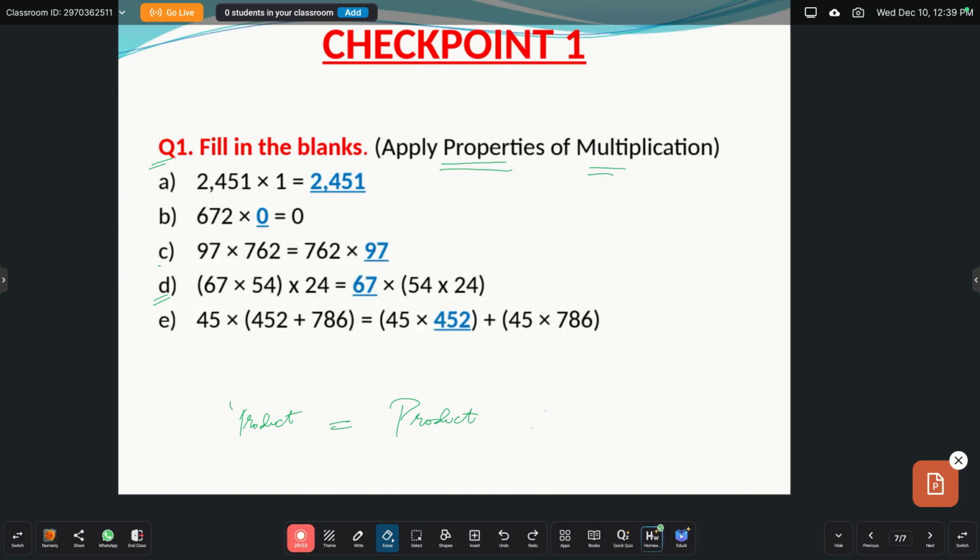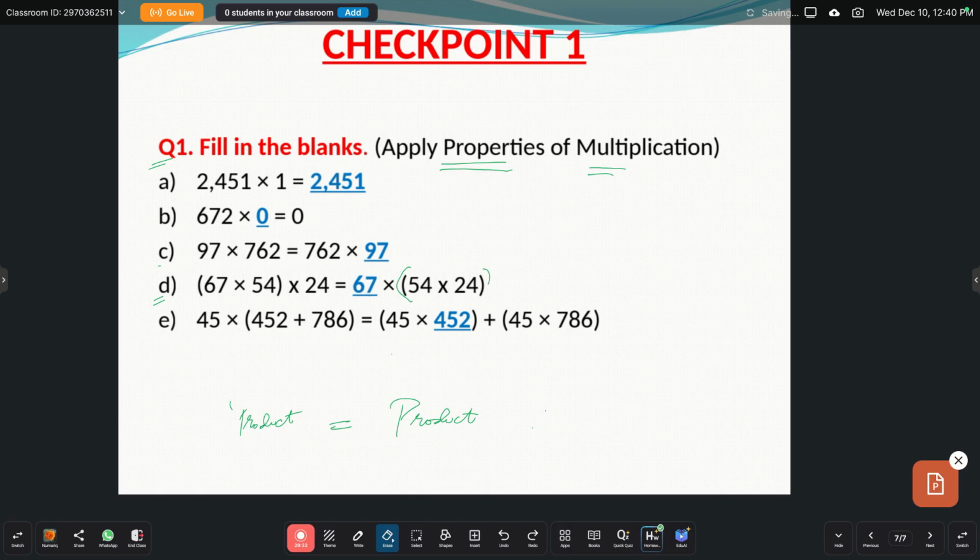But see beta, if you will look carefully towards this question, you will find that he has written these three numbers here and we wrote now 67 here. And then he has multiplied the first two numbers. In another case, he has multiplied the second two numbers. In first case, he multiplied first two numbers and the product with the third number.